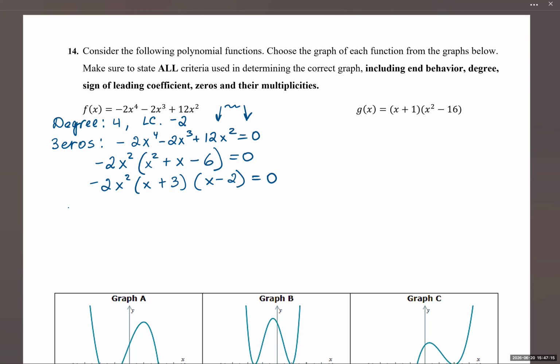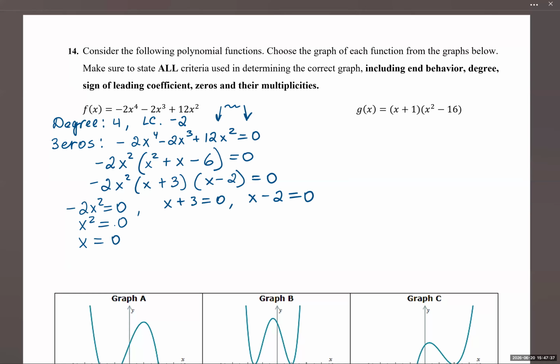Now the zero factor property: -2x^2 = 0, x + 3 = 0, x - 2 = 0. Okay, let's start with this one. If you divide by -2, it's going to be x^2 = 0. Take the square root, still going to be 0.